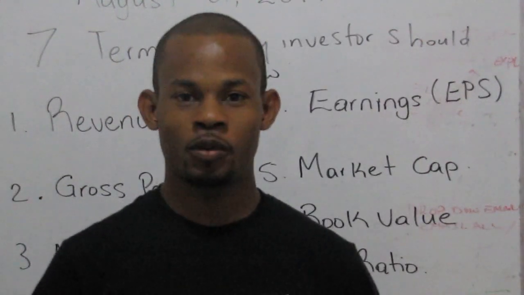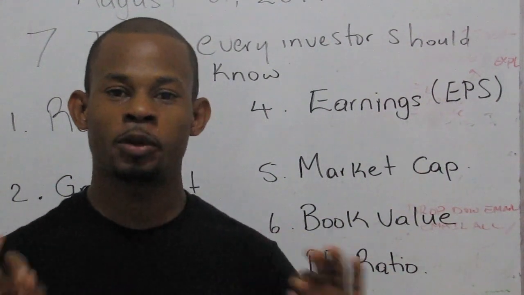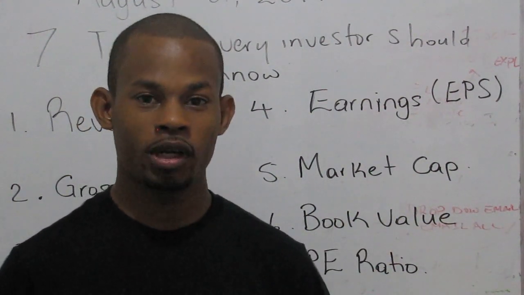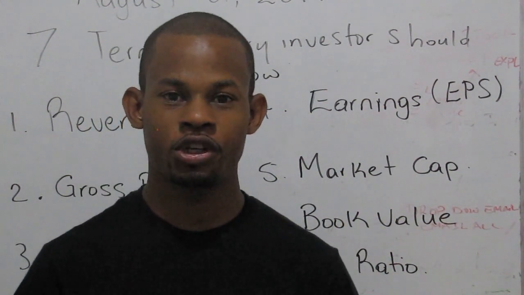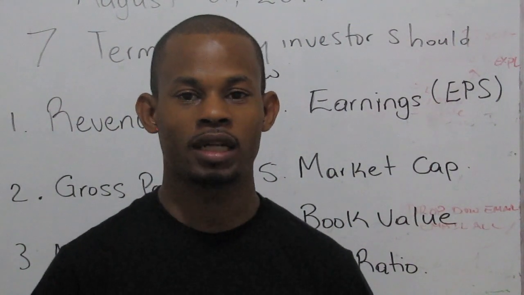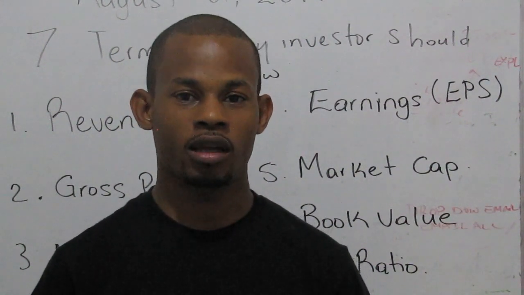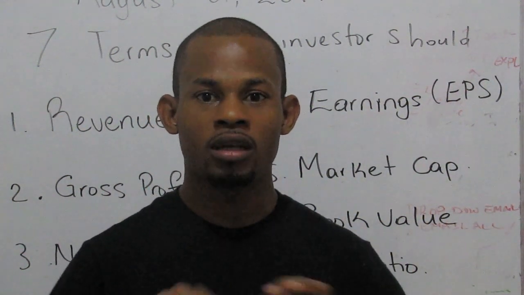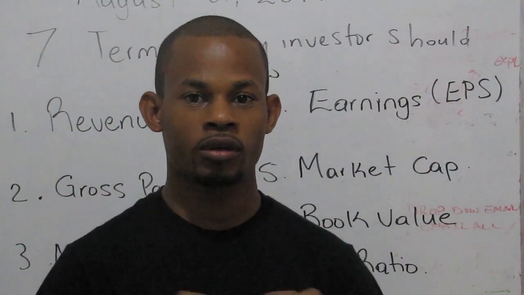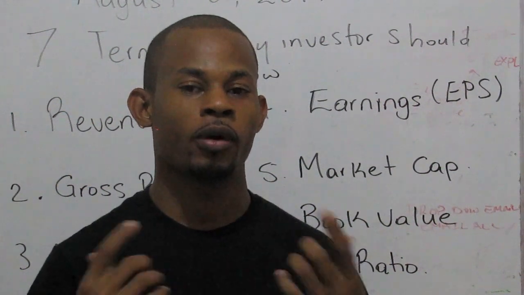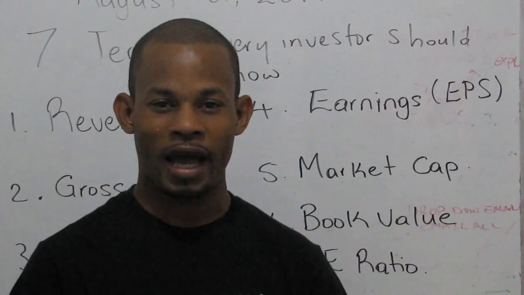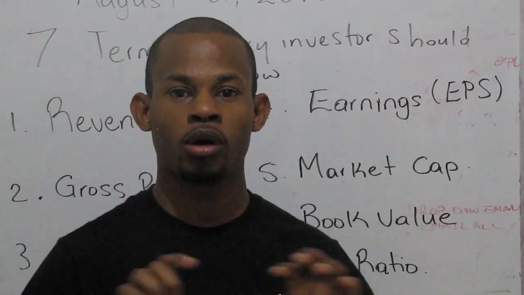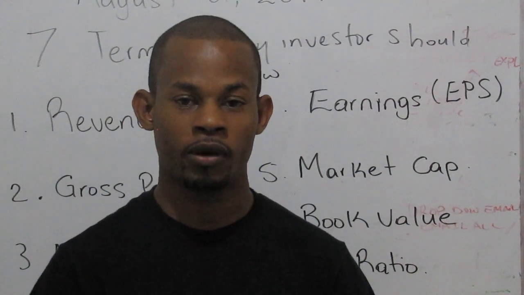Okay, so the next term we want to look at is the earnings per share. And typically when we talk about the earnings per share for a company or a stock, what we're really talking about is the net profit divided by the total amount of shares that are in issue for that company. We call that the weighted average number of shares for the period.